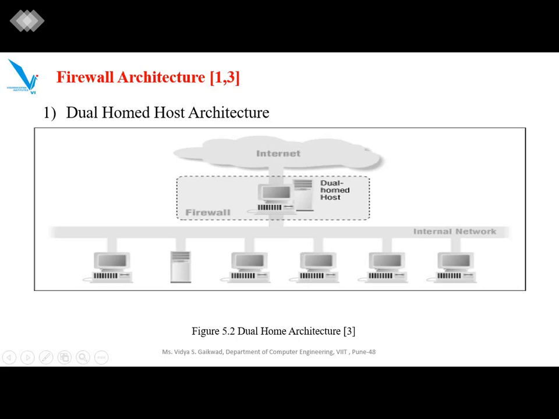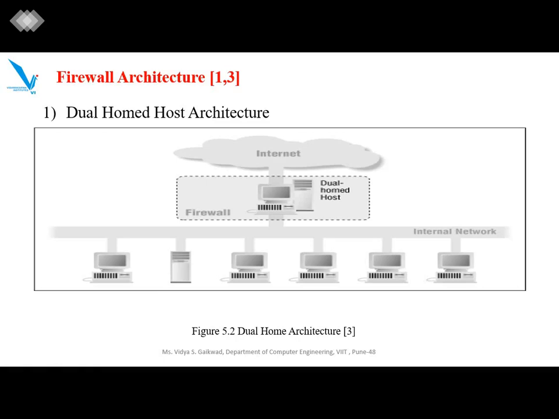Therefore, the traffic between these two networks, internal network and external network, is completely blocked, right? So, dual home host can provide a very tight control on the traffic flowing on the network.